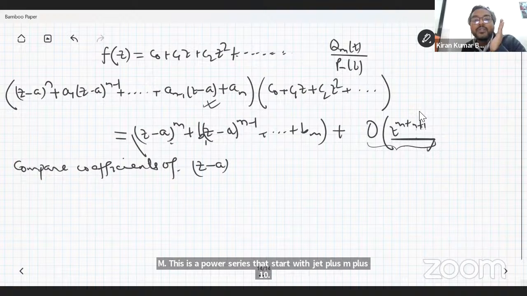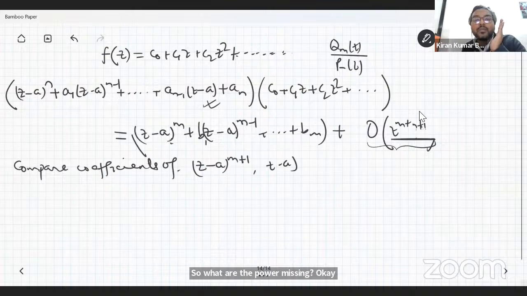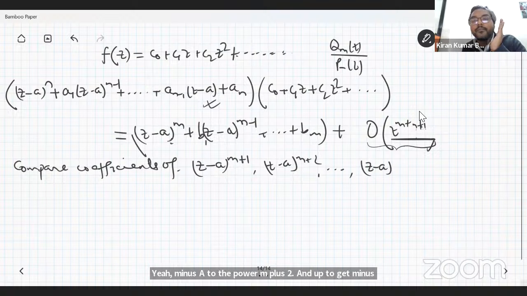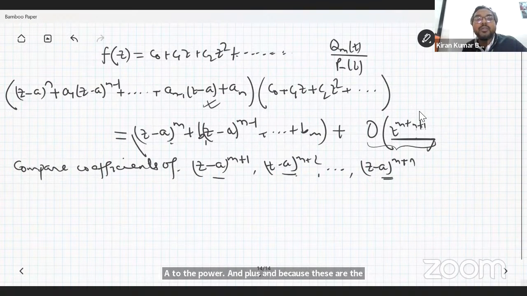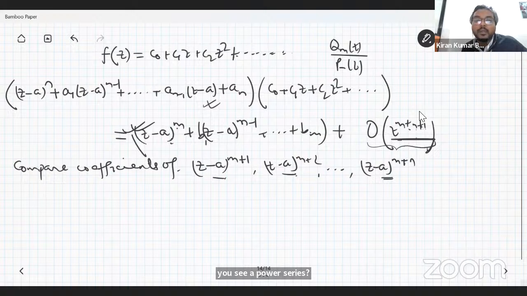I'll compare the coefficients of (z - a)^(m+1), (z - a)^(m+2), and up to (z - a)^(m+n), because these are the terms that are missing on the right hand side. So these are the coefficients.